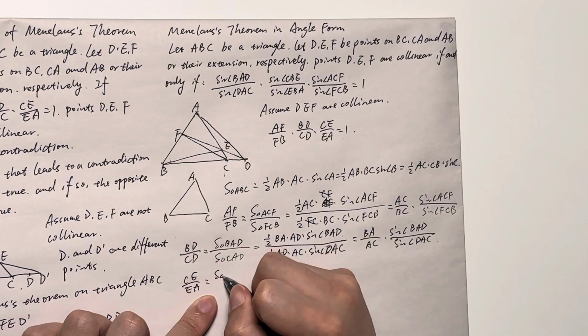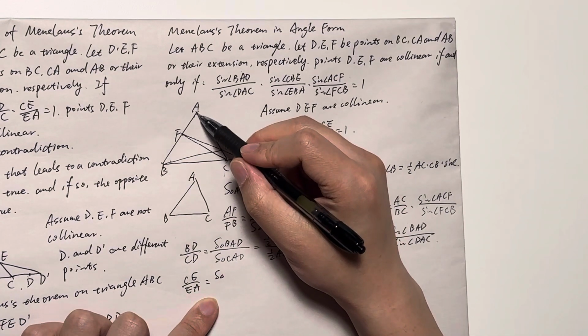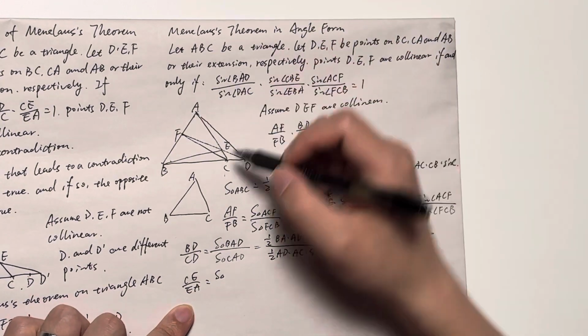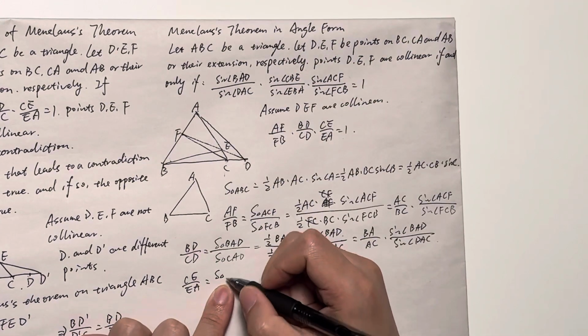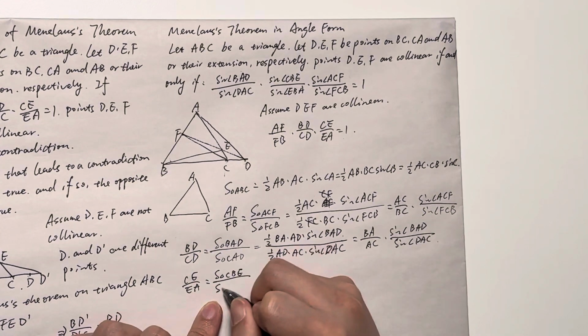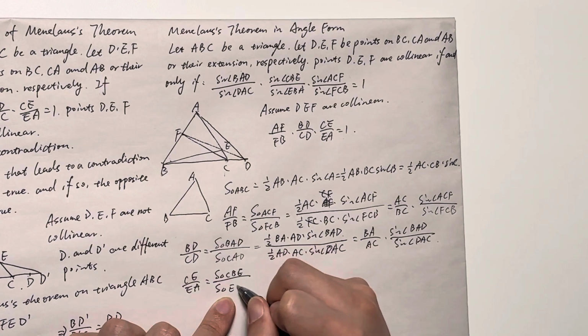right? So the ratio of CE and EA is the ratio of the area of triangle CBE and the area of triangle EBA.